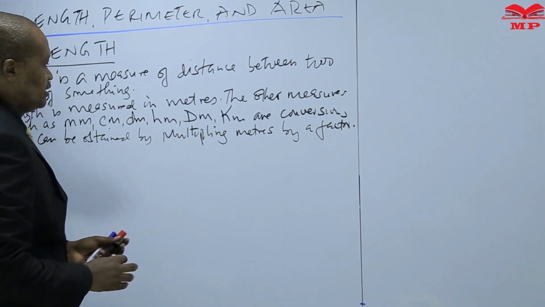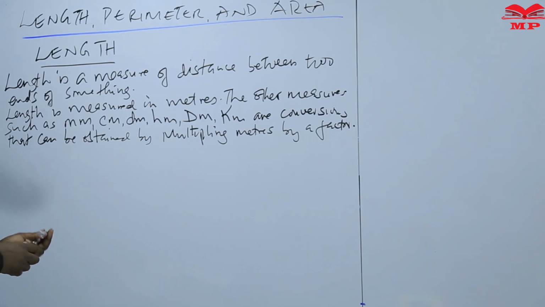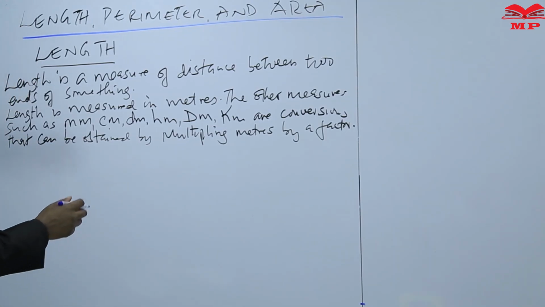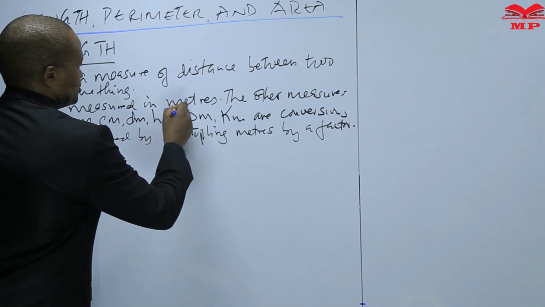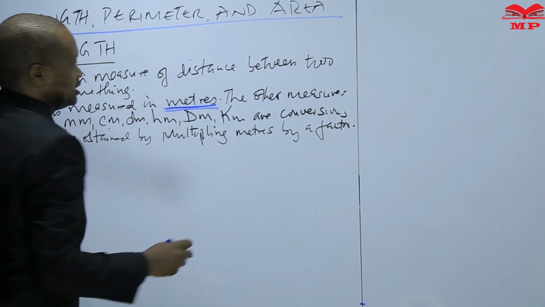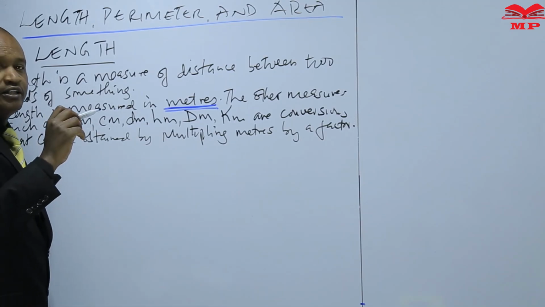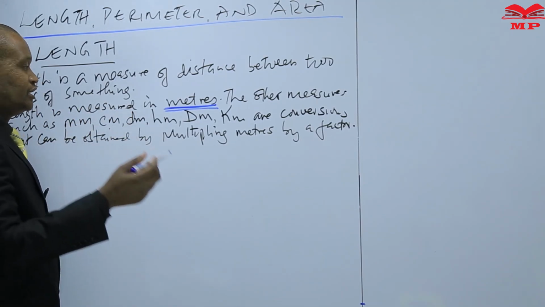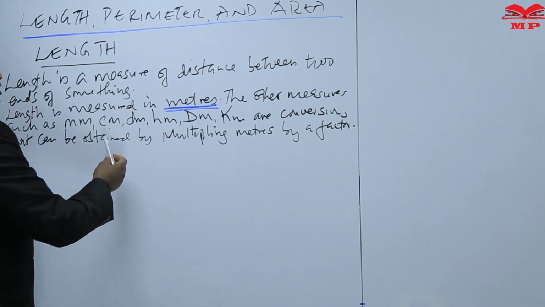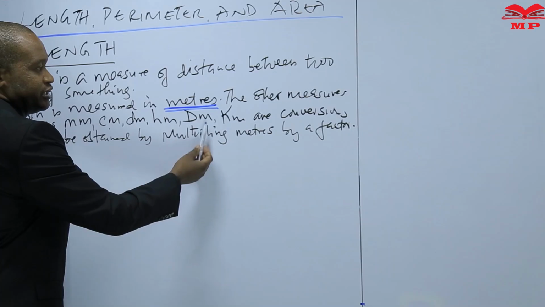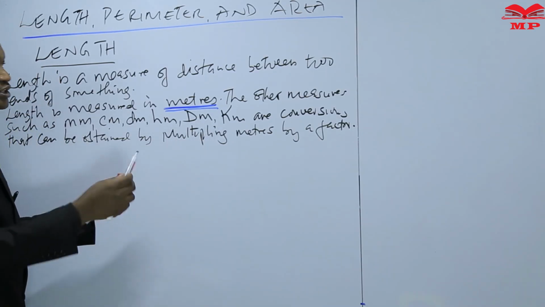So I repeat, we measure length in meters, but length can also be measured in millimeters, centimeters, decimeters, hectometers, decameters, and kilometers.